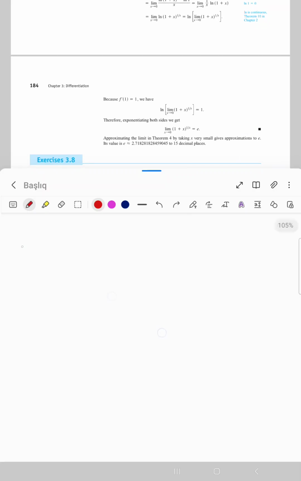So it is basically the limit as x goes to 0 of (1 plus x) to the power of 1 over x, which will always equal e.